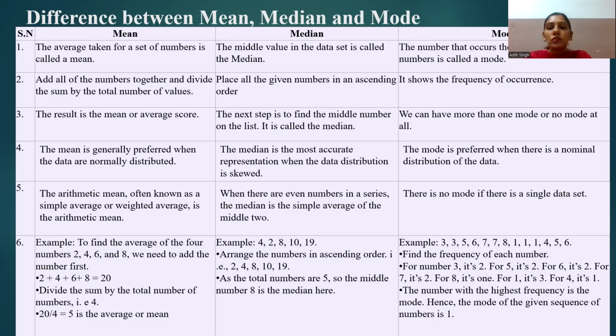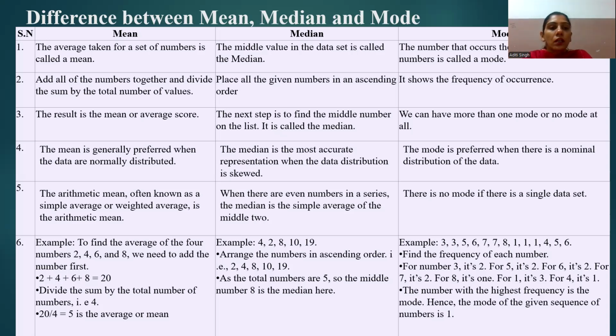In mode, there is a chance that there can be 2 modes. The value of mode can be 2, or more than 2 also. If in a given series two particular numbers occur an equal number of times, then there can be 2 modes.